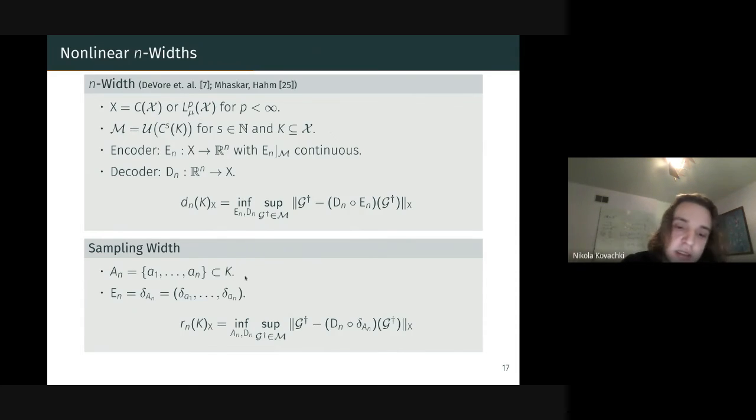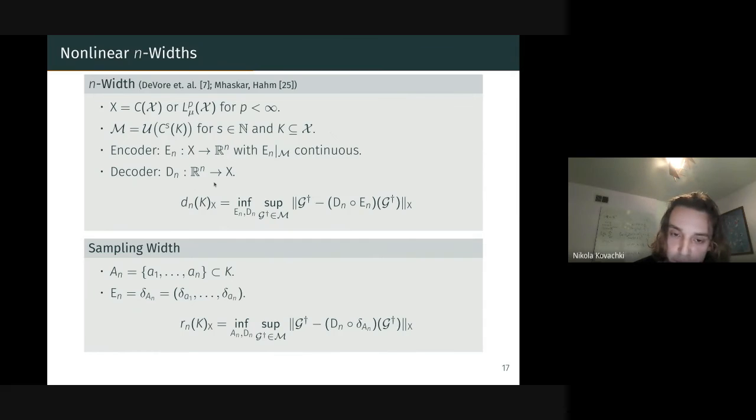A particular instantiation is if I assume that E_n is just a set of delta functionals. Then E_n gathers information by evaluating G dagger on a few different a's, some set of fixed a's, and based on this evaluation, I'm looking for anything that can take this and reconstruct it.